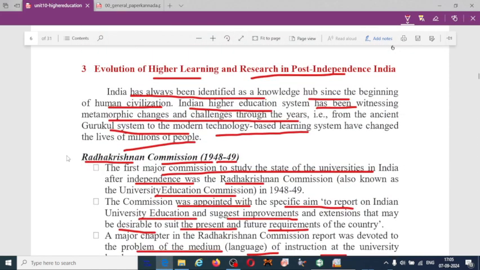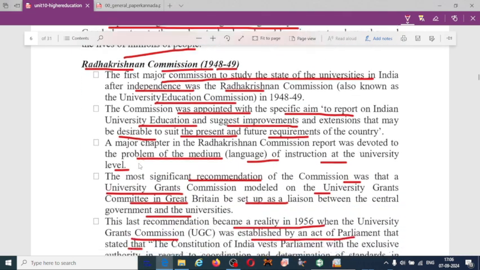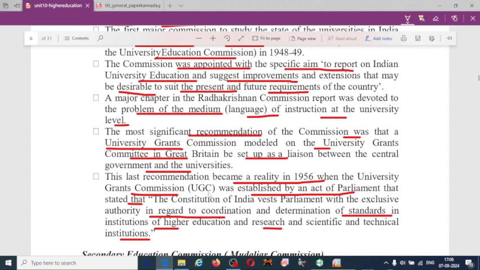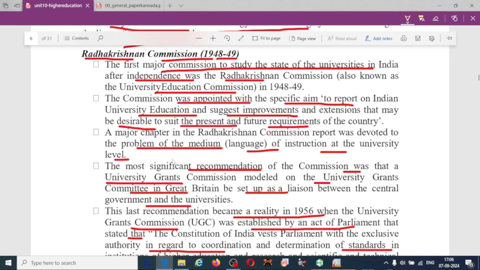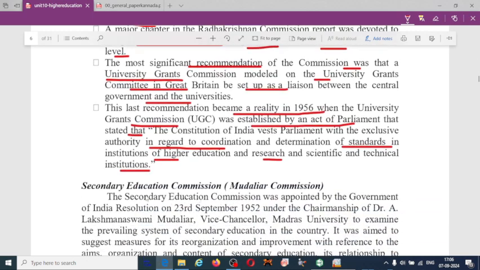So first you should keep in mind the important points about the Radhakrishnan Commission, that was introduced in the year 1948 to 49, and the important recommendation of this commission is the UGC, University Grants Commission, which was established in the year 1956 by the Act of Parliament.